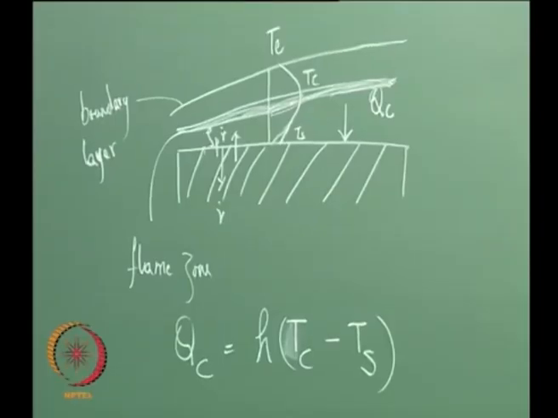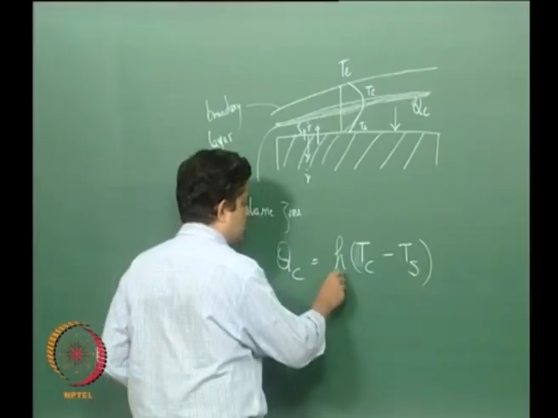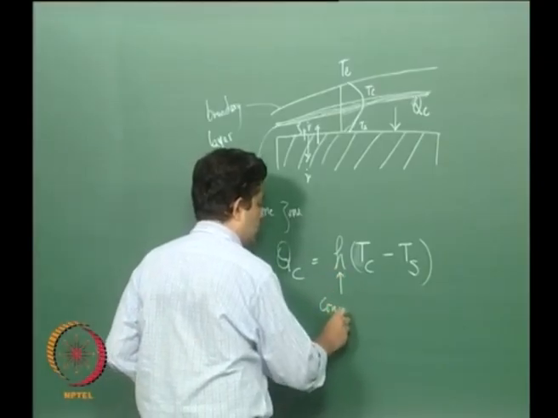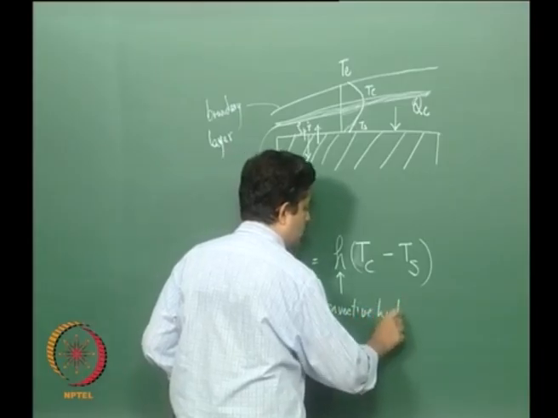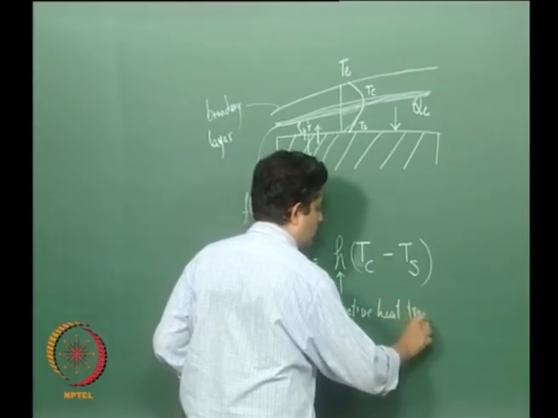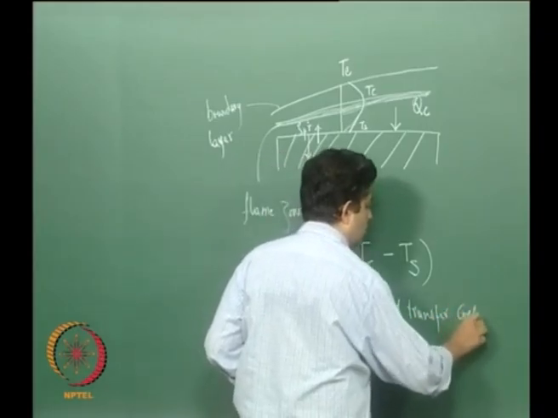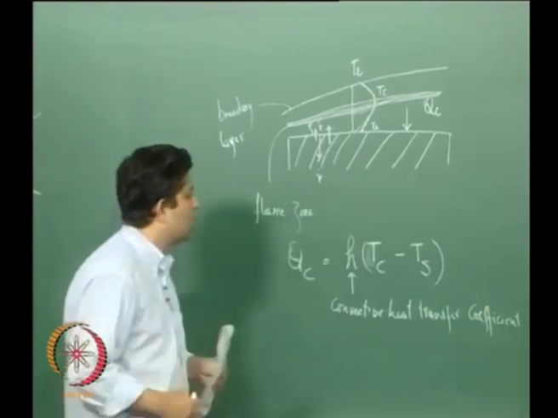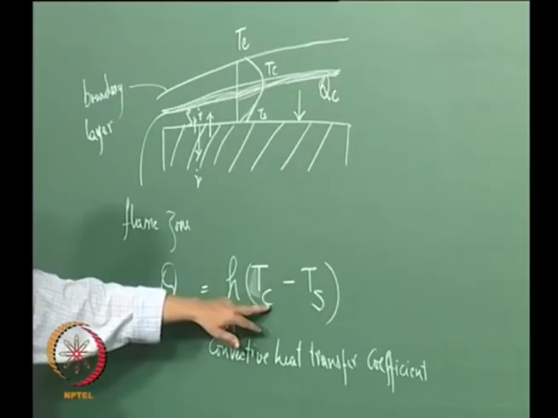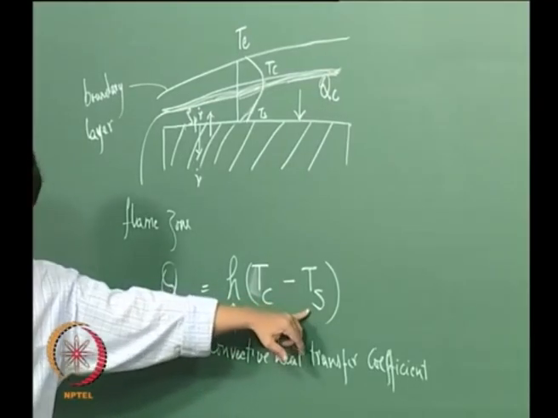This H is the convective heat transfer coefficient, Tc is the adiabatic flame temperature or the combustion temperature, and Ts is the surface temperature.